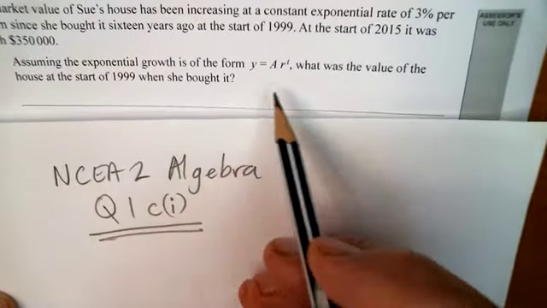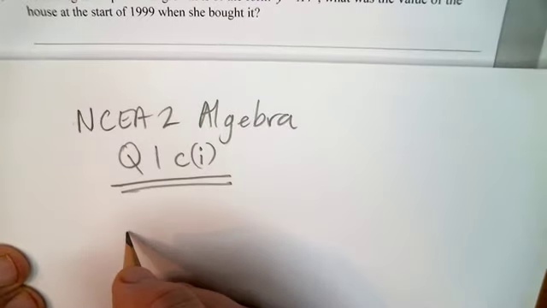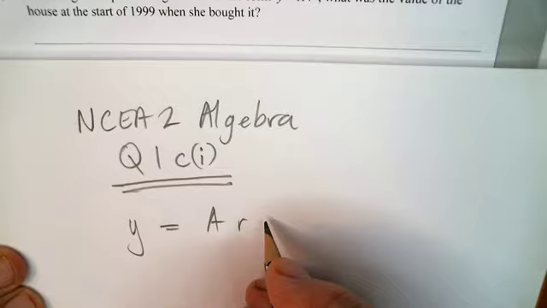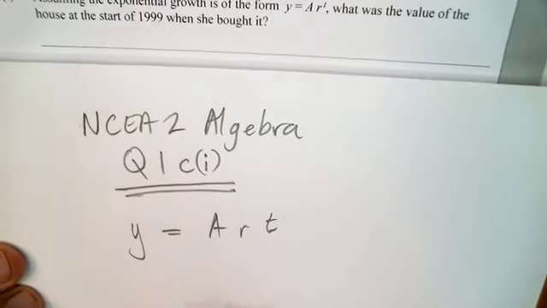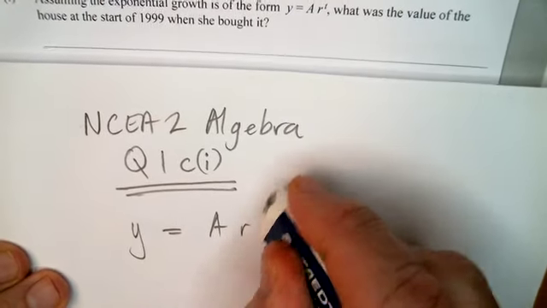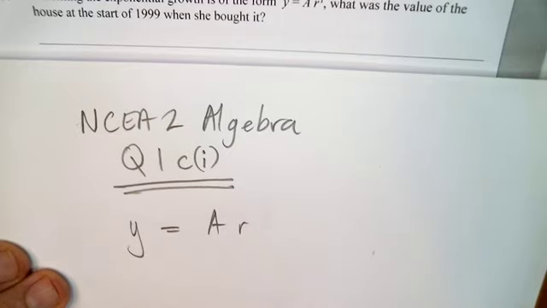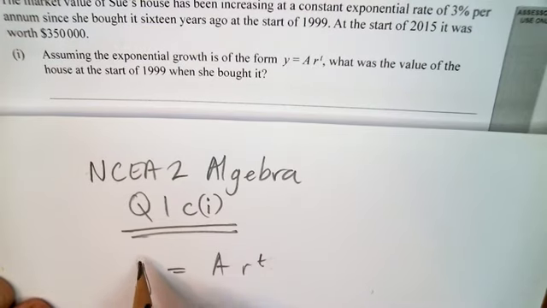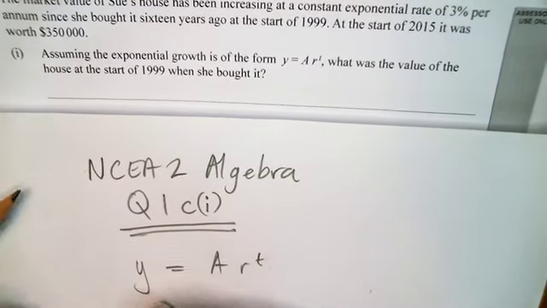We've got this thing here which is y. Y is equal to a times r to the power of t. I'll make it nice and close. Normally it's actually used as a p here, so I'm going to write a p there.